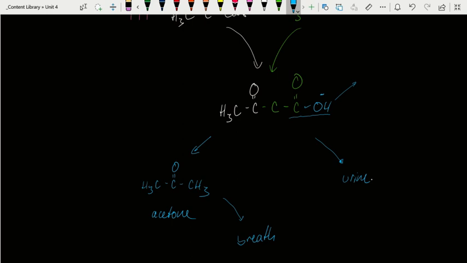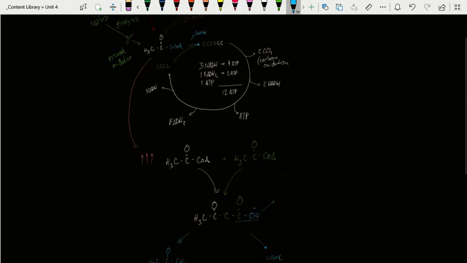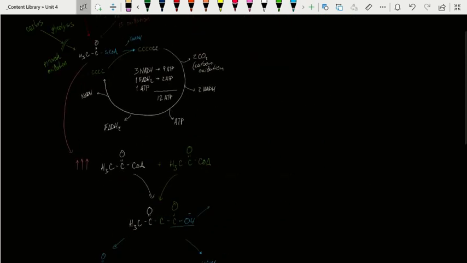But in that sense, that's the beauty of how the keto diet works. Remember, at the beginning, we said that every single one of these acetyl-CoAs was worth 12 ATP.